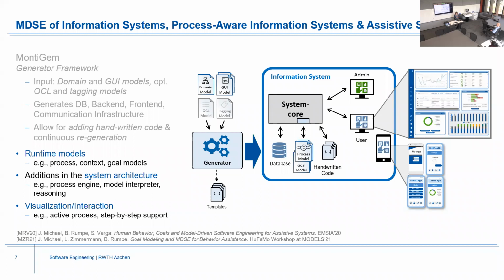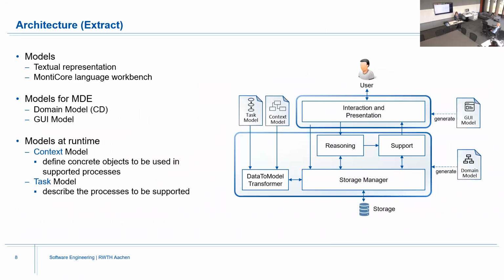If we look a little bit deeper into what is needed in the architecture, if you have to make some additions, basically what we have done is put some additional models into the whole process. We were already working with models for the model-driven engineering part, with the domain model and the GUI model, as I mentioned.